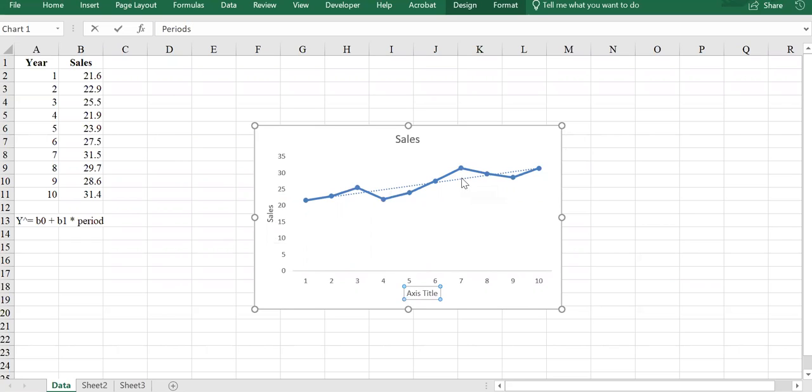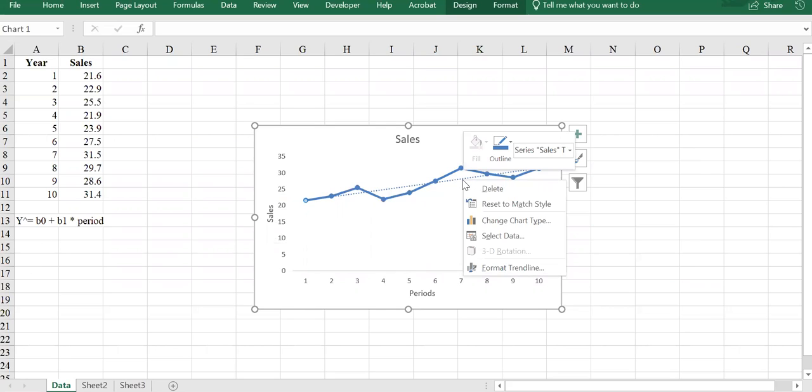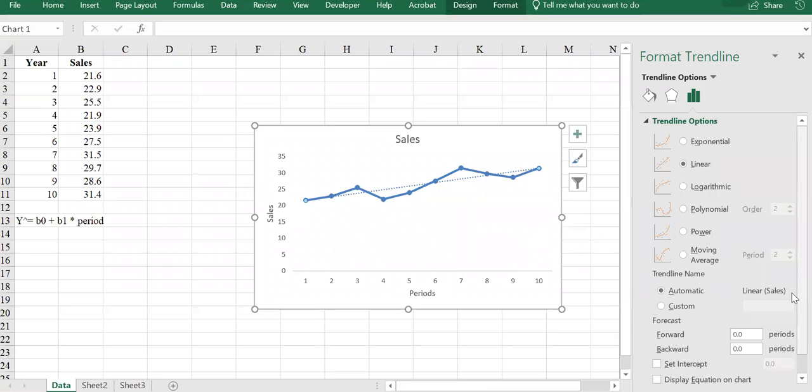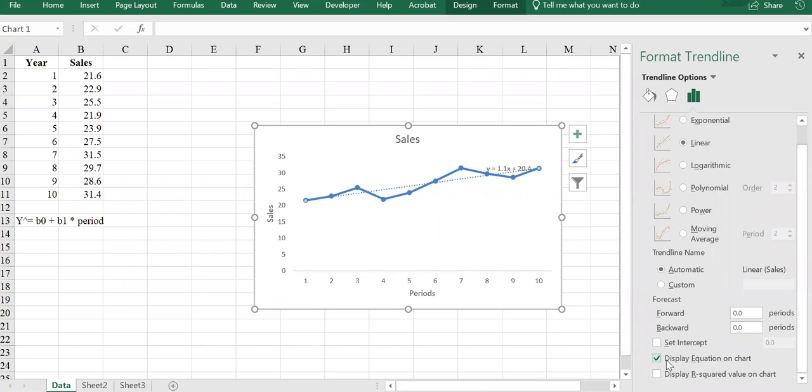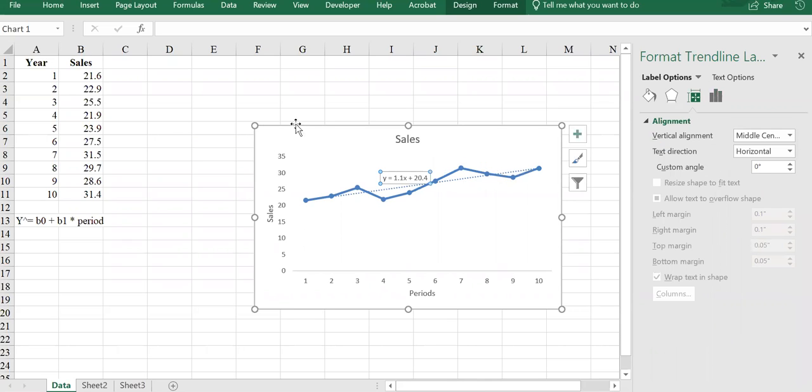And then on our trend line, we just need to add the equation. At the end of the day, the equation is what matters to us. So again, format trend line, I forgot to add the equation, display equation on chart. So this is the equation that is coming from the least squares method.